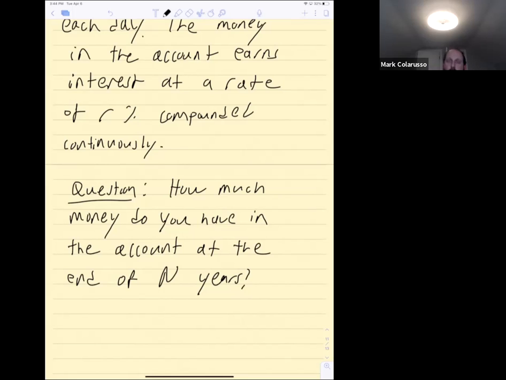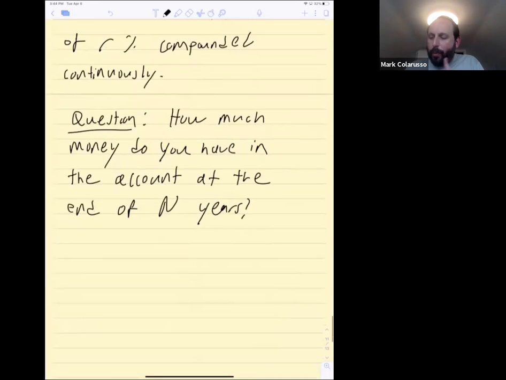And it is a complicated problem, and it's not something that we can answer exactly because it's mixing a continuous phenomenon with a discrete phenomenon. You're putting in money in discrete amounts, say so much each day, but the interest is being compounded continuously. So we can't answer this exactly, but we can estimate it.